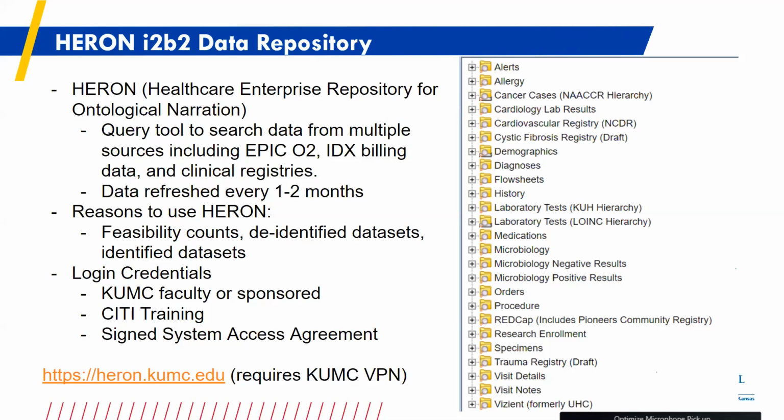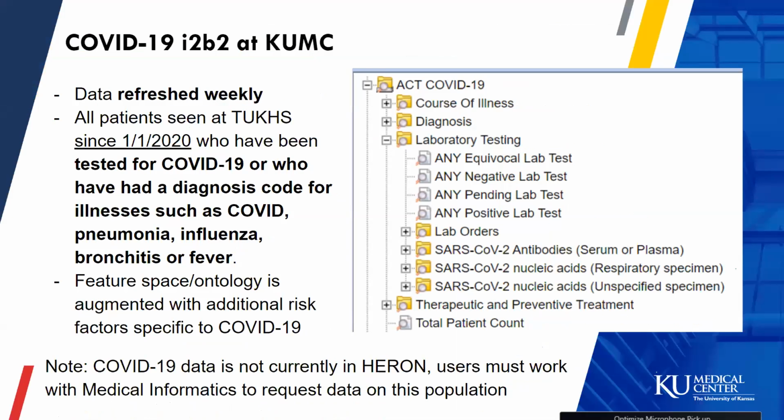On the right-hand side, you can see the various folders that we have integrated into Heron for users to search. Right now, Heron does not include the COVID data, but if you go to the next slide, we have set up a COVID-19 i2b2 at KUMC.